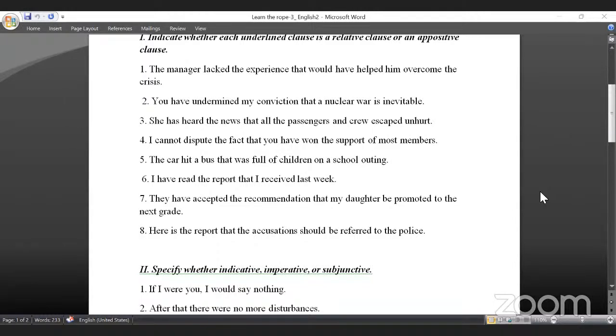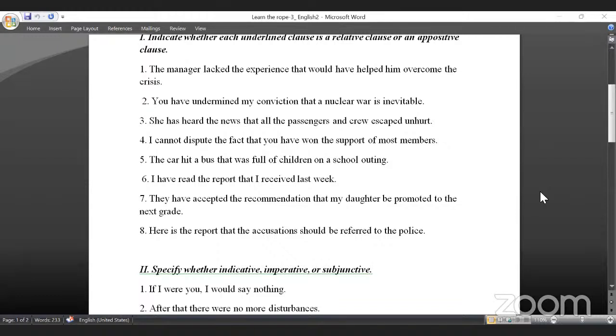So, ma'am, can we conclude a relative clause is a dependent clause and an appositive clause is an independent clause? No, they are not independent clauses. An appositive clause will also be a part of the major one. If you look at the sentence as a whole, "that all the passengers and crew escaped unhurt" is an embedded clause, a subordinate clause to the previous one.